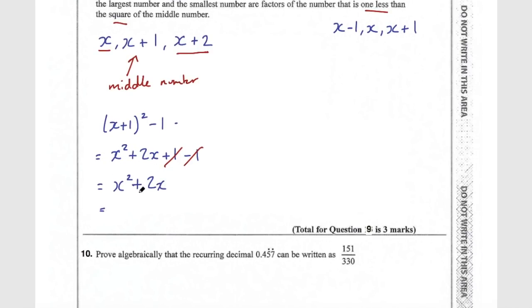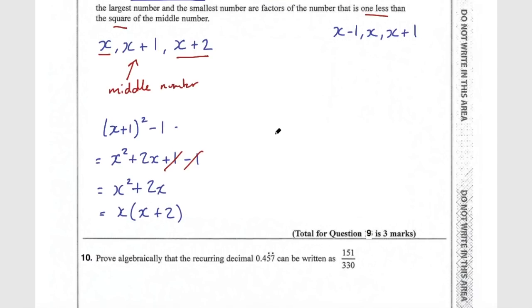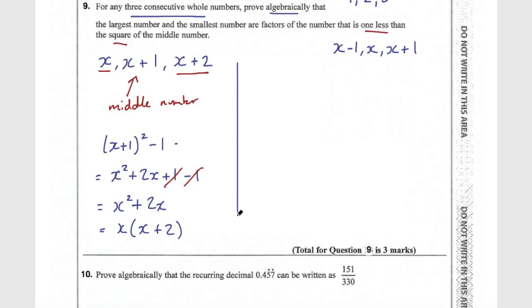Then I could factorize that, so take x out of both terms, and I'd get x times x plus 2. Okay? And then you might notice something: if we look back at my consecutive numbers written algebraically, I had x and x plus 2 as my smallest and largest numbers, and the middle term squared subtract 1 is x times x plus 2, so they must be factors of this term.